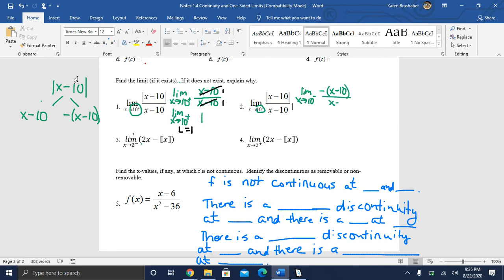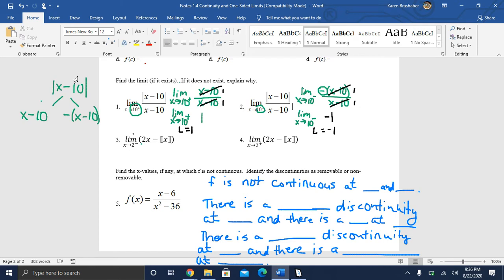Our denominator is x minus 10. And once again, we can simplify by canceling, leaving a 1, so that we are actually doing the limit as x approaches 10 from the left, but I want you to look at the fact that I have a negative on this one. So it actually isn't 1, it's negative 1. Negative 1 divided by 1, and so this is negative 1, and therefore our limit is negative 1.